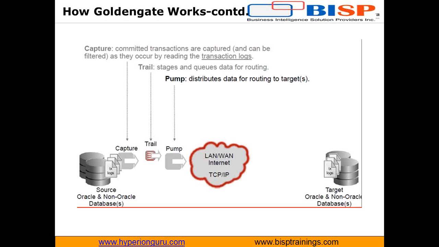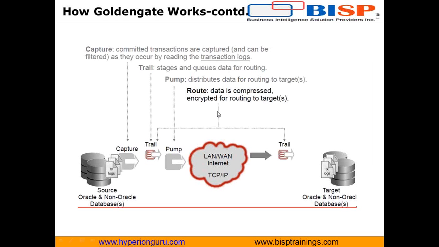Okay, so once the data is written into trail files by the capture process, there is another GoldenGate process which comes into the picture: the data pump. Data pump reads the data out of your local trail and sends it over the TCP/IP network to trail files on the target.